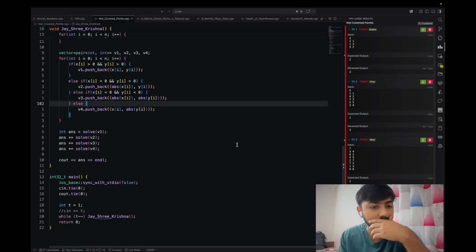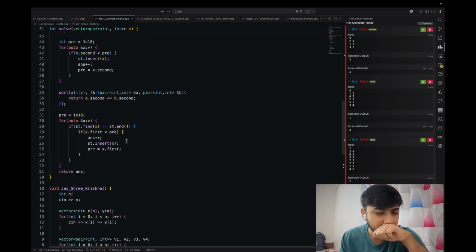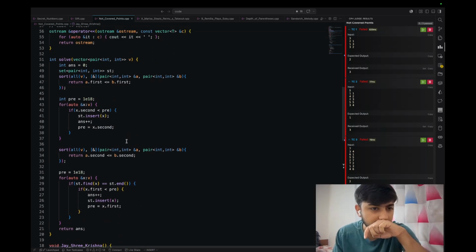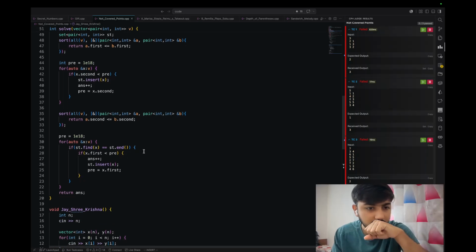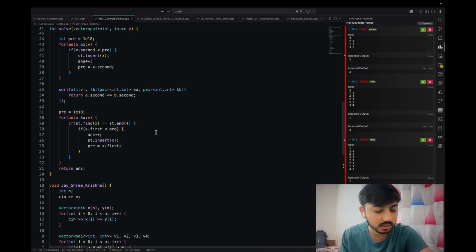Okay, we debug something here. We're counting the same element then. This is the case.